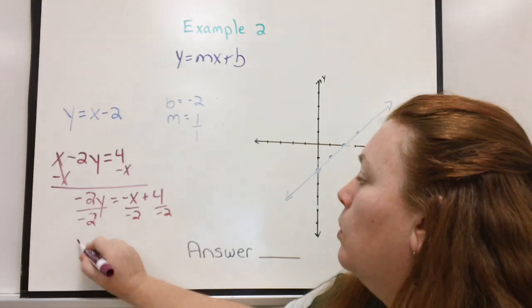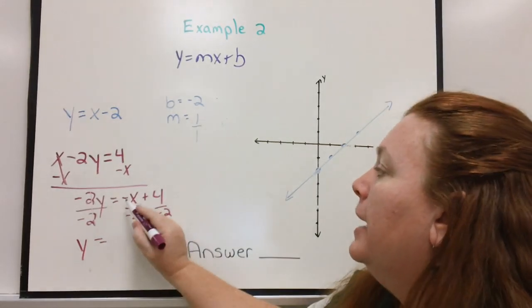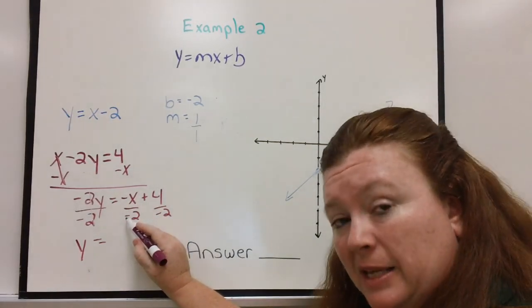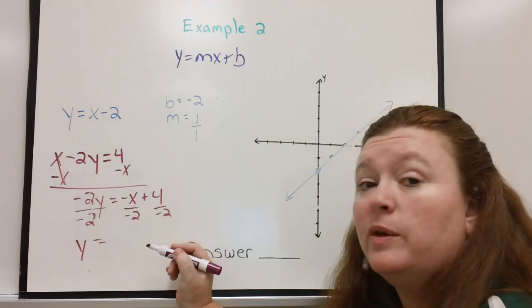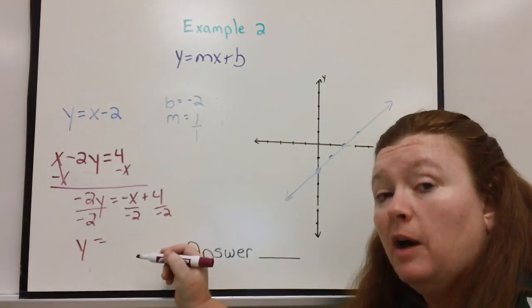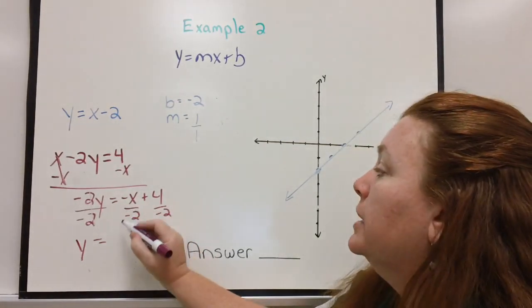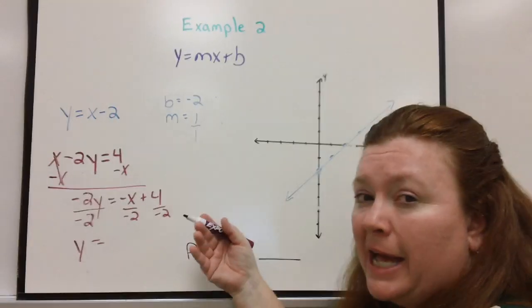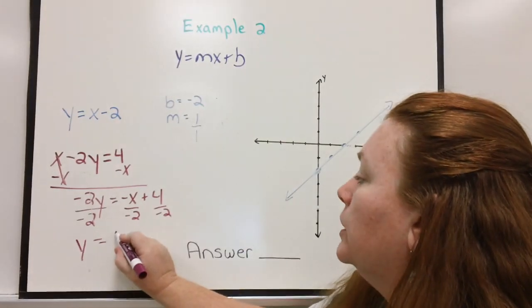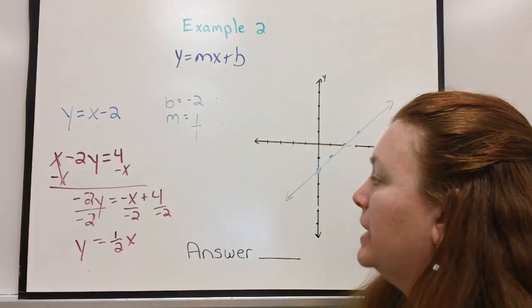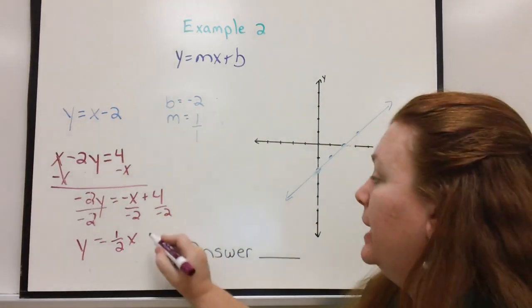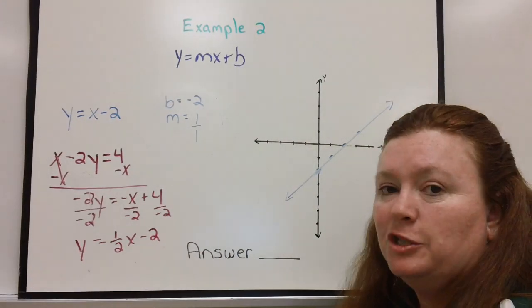What do I have left? y equals negative over negative is a positive. I am not left with 2x. The 2 is on the bottom of the fraction. So think of it as a 1x over 2, or in other words, a 1/2 x. 4 divided by negative 2 is negative 2.